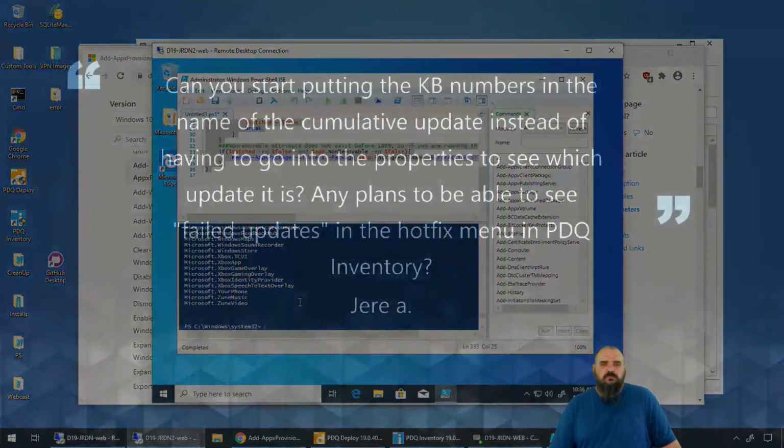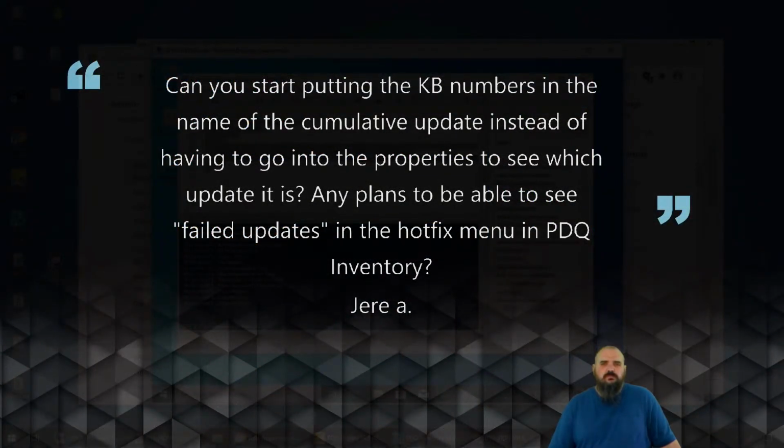Hey guys, can you start putting the KB numbers in the name of the cumulative updates instead of having to go into the properties to see which update it is? Any plans to be able to see failed updates in the hotfix menu in PDQ Inventory? Thanks, Jerry A. So I can't answer for the people that create those packages definitively.